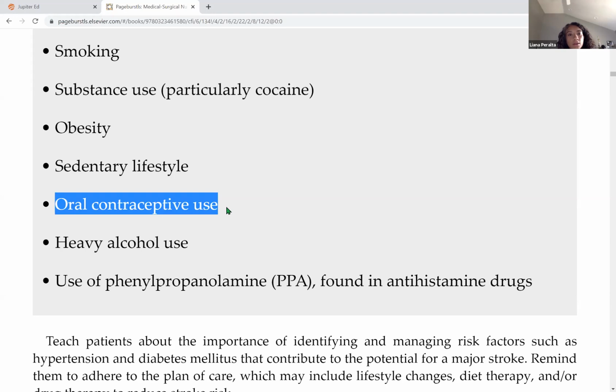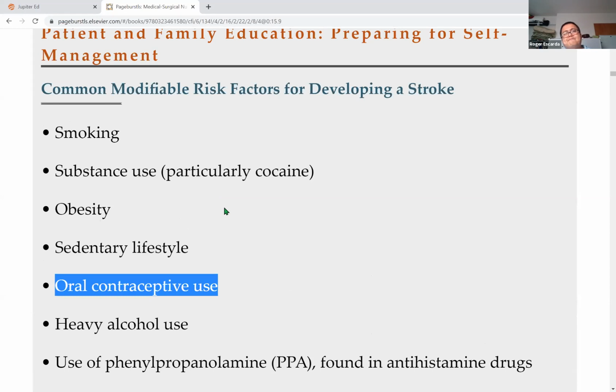Like it increases the level of clotting factors, maybe? Remember, this was also mentioned in chapter 36 under DVTs. Risk factors for DVT. It was also the same. Smoking and OCP.